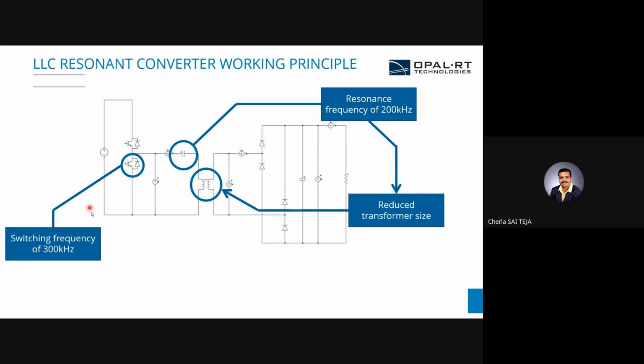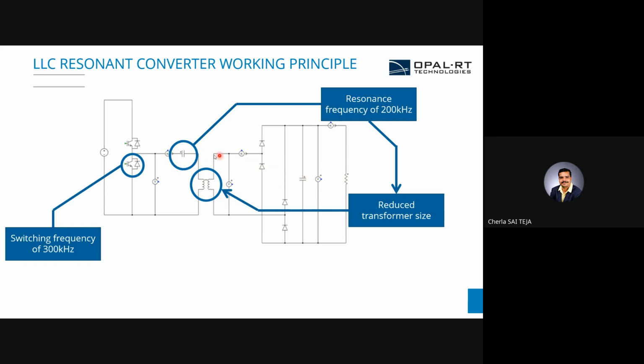Let us say the switching frequency of this half bridge is at 300 kilohertz, we'll try to have this LLC resonate at 200 kilohertz, which will help you reduce transformer size and charge the battery.